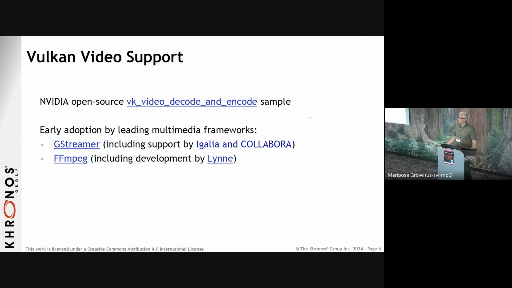And very popular frameworks like GStreamer and FFmpeg, Igalia and Collabora, as well as Lynne, we really appreciate that they work on those frameworks, to make sure that if you're a big fan of these open source multimedia frameworks, which are very powerful, then you could use them pretty much from day one in Vulkan Video.